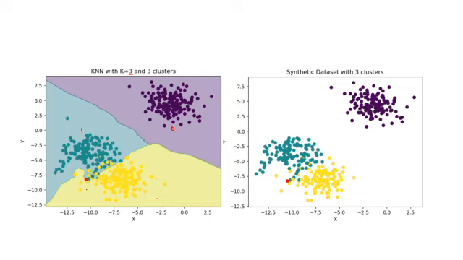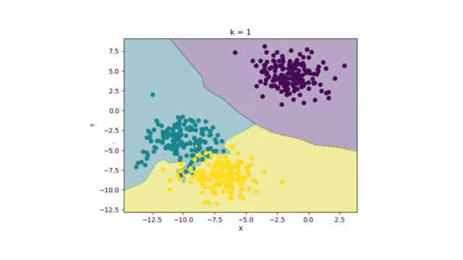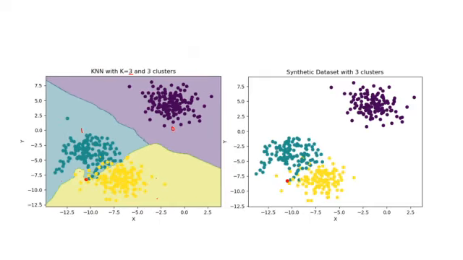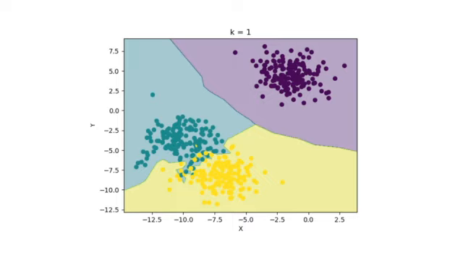Now when we consider k equals 1, if you look at this decision boundary, the blue has actually gone down a bit, and this is where the point belonged, so it was assigned cluster number 1, the blue cluster.